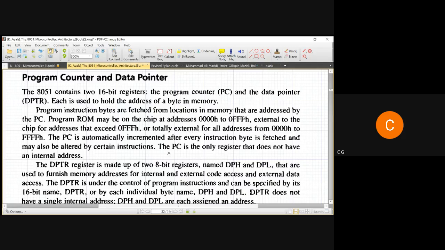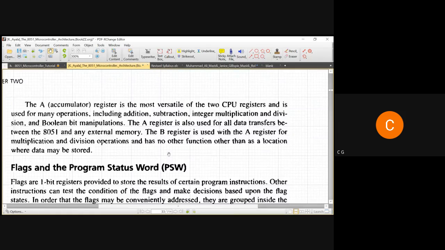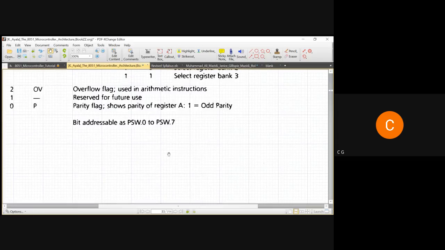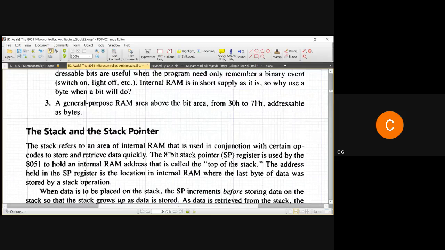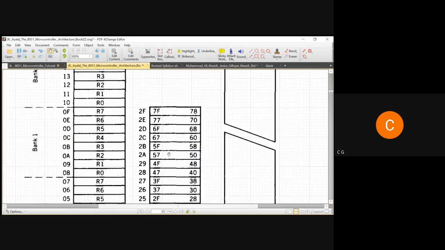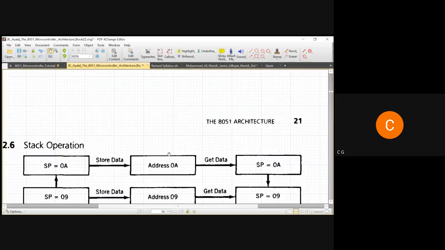Okay, so program counter, data pointer, AB register we have seen. Stack and the stack pointer. So what it does is that it increments the register values by 1, like this.